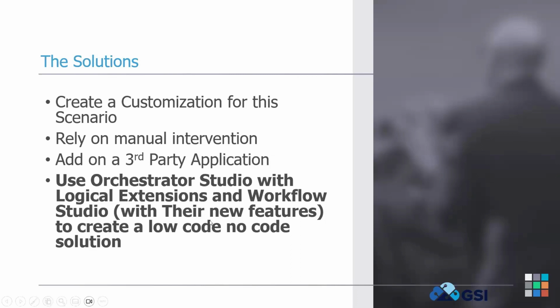The other solution, which is what we're going to go into today, is using the Orchestrator Studio with logic extensions and Workflow Studio. Those are new features. They came out in the release 9.2.6 tools, release 22, and have been enhanced on through 9.2.6 to where we're at 9.2.7.3 right now.